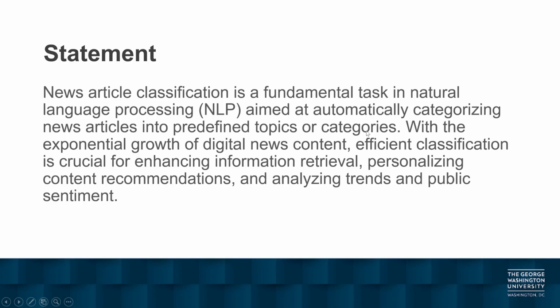So let's begin. About the statement, news article classification is a fundamental task in natural language processing aimed at automatically categorizing news articles into predefined topics or categories. With the exponential growth of digital news content, efficient classification is crucial for enhancing information retrieval, personalizing content recommendation, and analyzing trends and public sentiment.